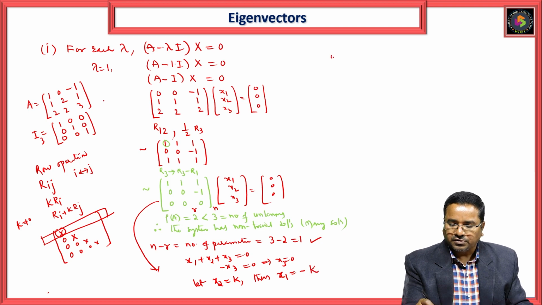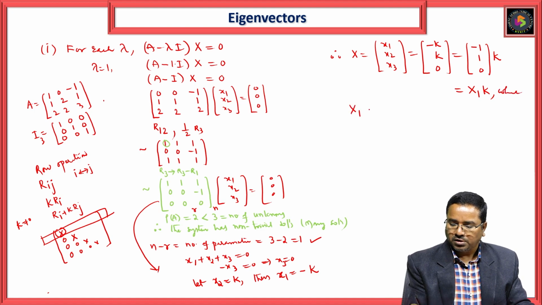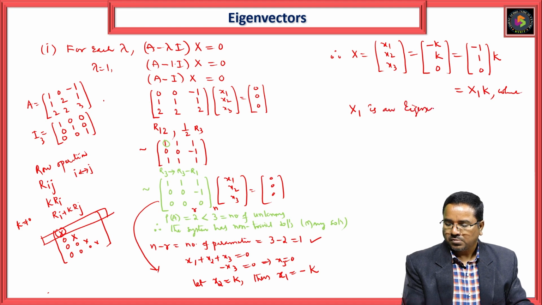Therefore the answer is x equal to x1, x2, x3, which is minus k, k, 0, that is minus 1, 1, 0 times k. So you can write it as X1 k, where X1 is an eigenvector for lambda equal to 1.